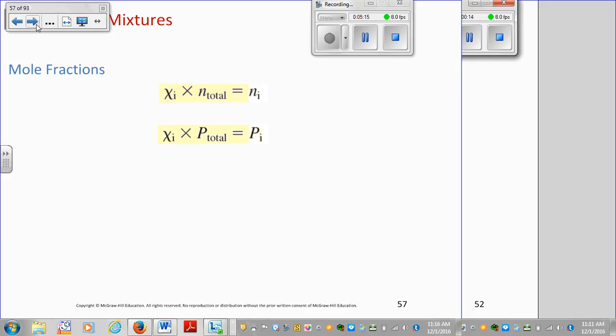Where do you think it might be important that you know the mole fractions of a gas mixture? What? Interaction. Well, yeah, interaction, but give me something more specific. Yes.